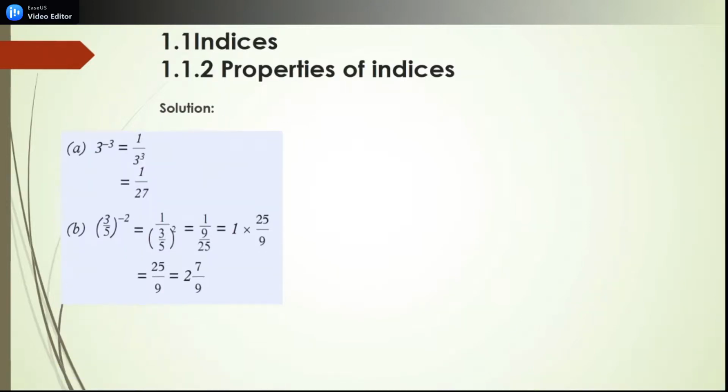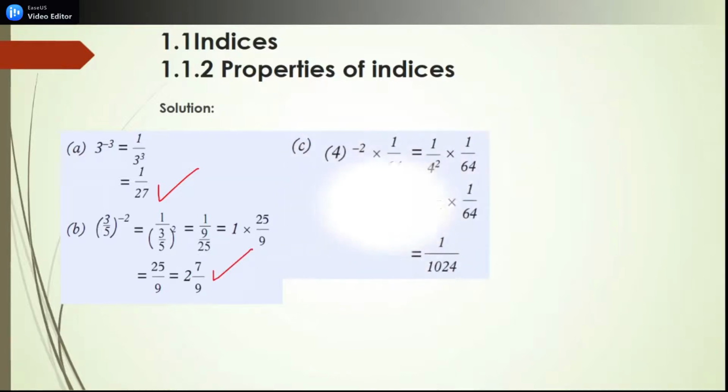Then this one is found. Also this one, 25 over 9, is also found. To find this one, it is like 1 over 4 square times this one. When you make the multiplication, it is 1 over 1024.